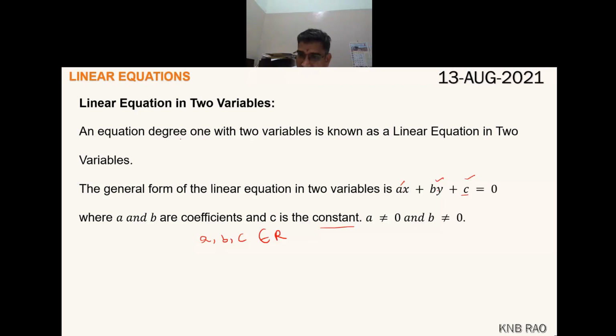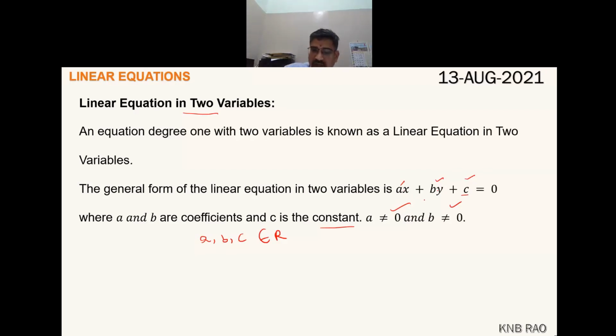Since we are saying linear equation in two variables, the coefficients of x and y should not be 0. They are non-zero numbers. Can c be 0? Yes, this constant can be 0. Then it will have only these two terms.